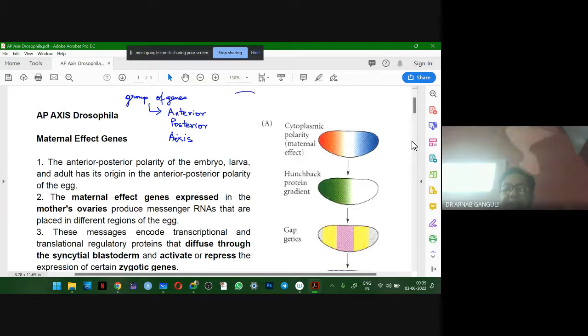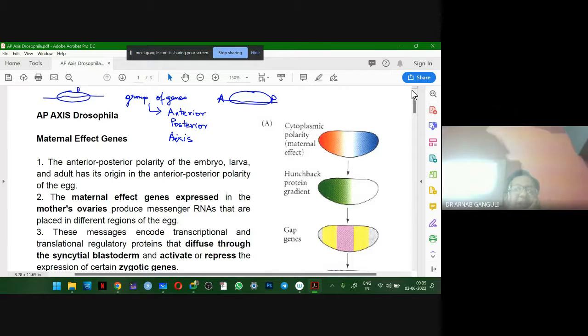So if this is an egg, which will be the anterior, where will be the head and where will be the back? So this is the anterior side and posterior side. So you have an egg. So this anterior side and posterior side, how is this axis formed? This is an axis. And this is the dorsal and this is the ventral side.